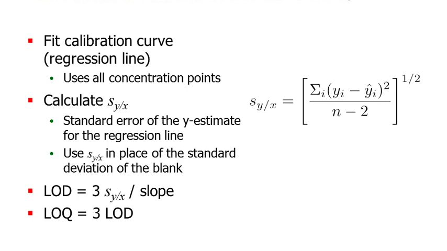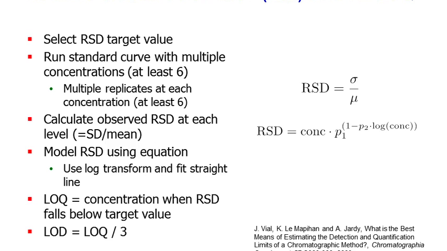The other method that we looked at was kind of looking at things in a reverse way in some design. So in most of the others, we have calculated the limit of detection, and then 3 times the limit of detection is taken as the limit of quantification. In this method, which we call the RSD, or the relative standard deviation method, you calculate the limit of quantification.